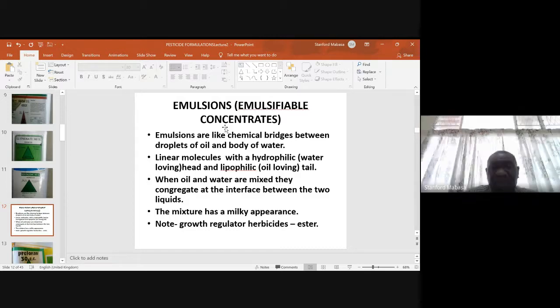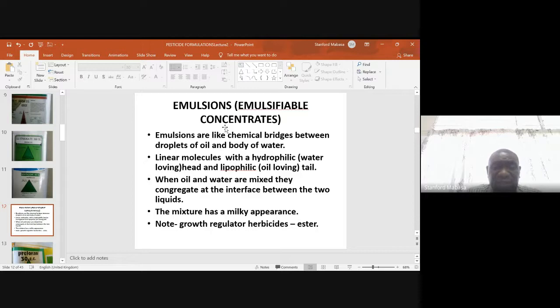Now, when oil and water are mixed, they congregate at the interface between the two liquids. And the mixture gives this milky appearance.